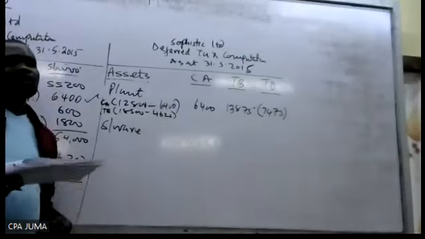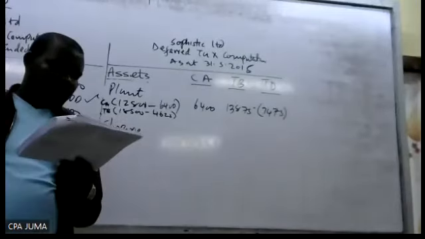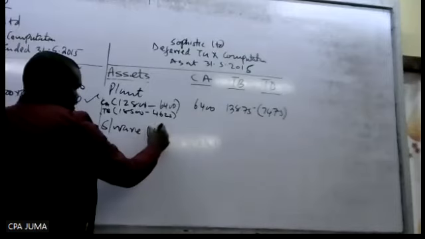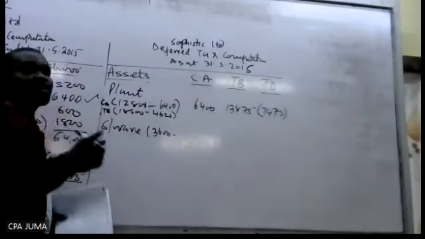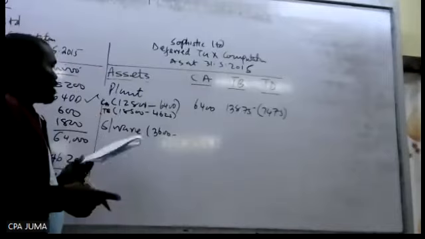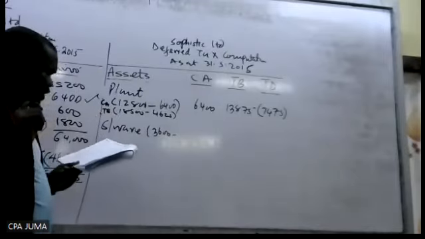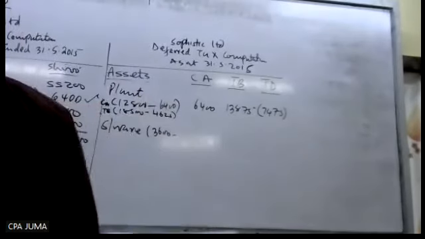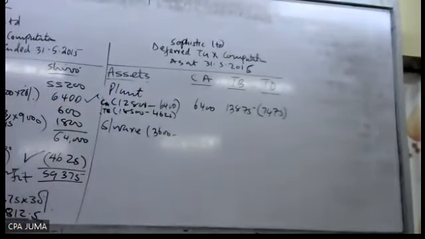Yes. Let's go to software. What was the carrying amount of software? It was 36. But how much is the amortization in this year, 2015? 1,800.